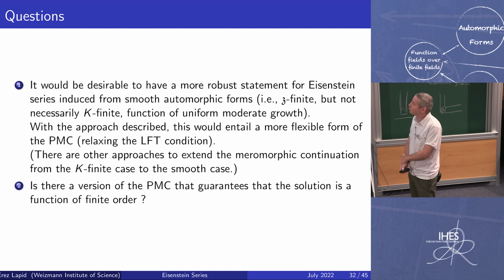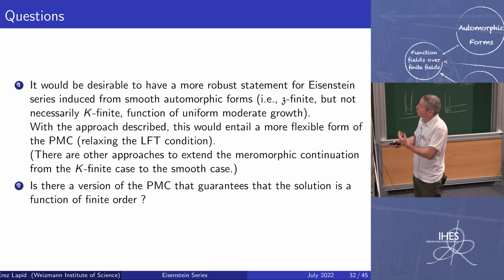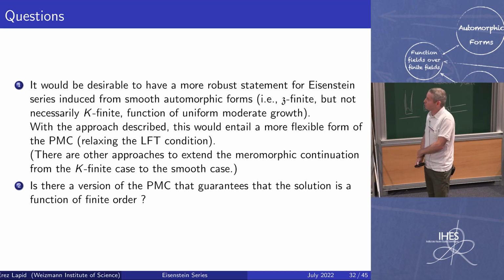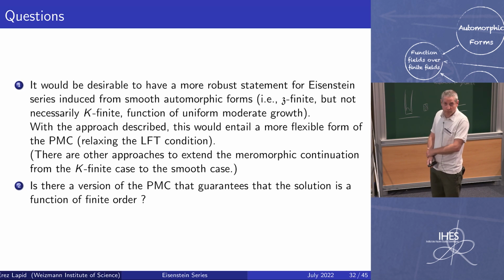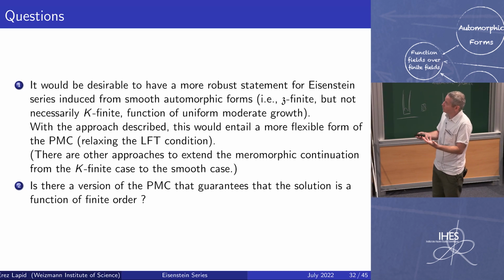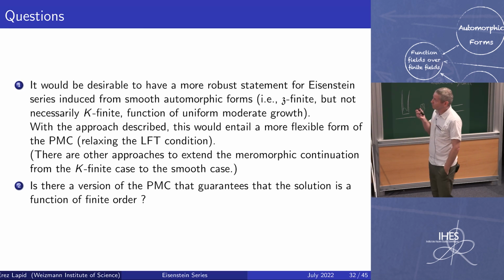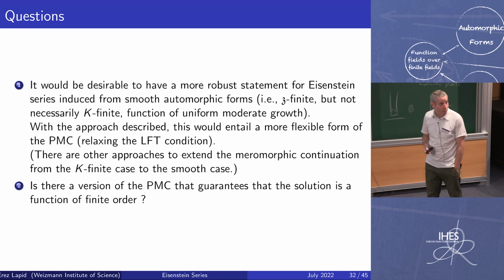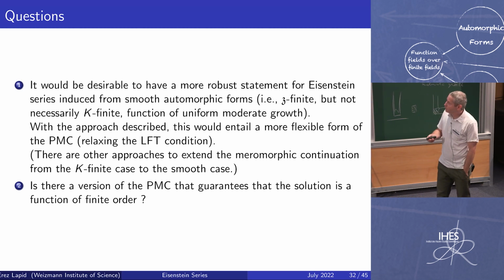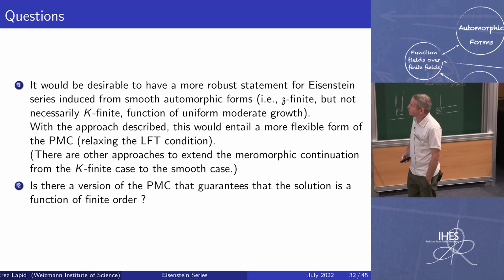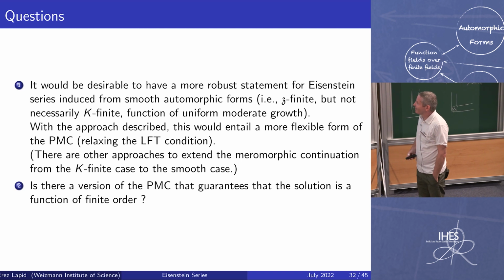This is the way of life. But can you make an argument which is applicable to smooth automorphic forms? There are other methods to extend from the K-finite case, but if you want this method, you will need to extend the principle of meromorphic continuation. So maybe some young graduate students can think about this, I don't know.